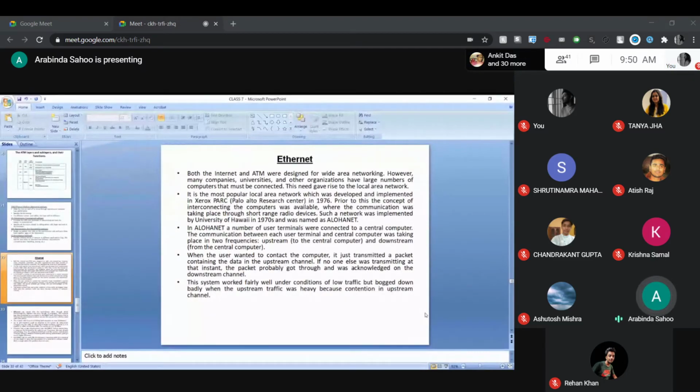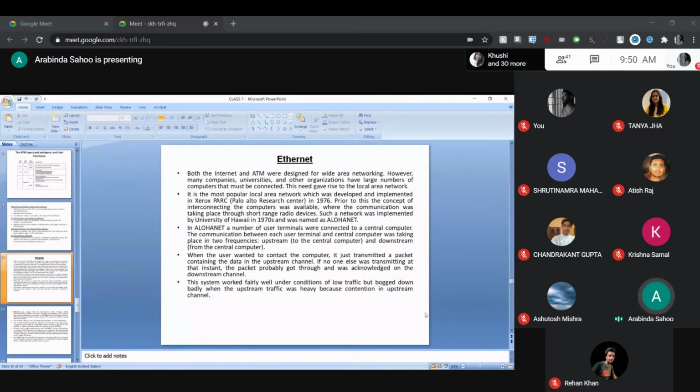When the user wants to contact the computer in Aloha net, it just transmits a packet containing the data in the upstream channel. If the channel is free, or if no one else was transmitting at that instant, the packet probably got through to the central computer and was acknowledged on the downstream channel.